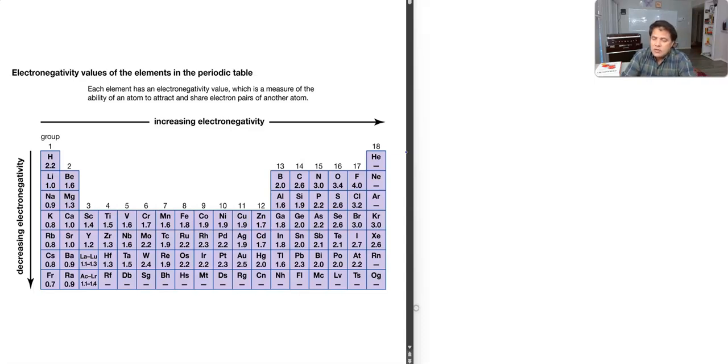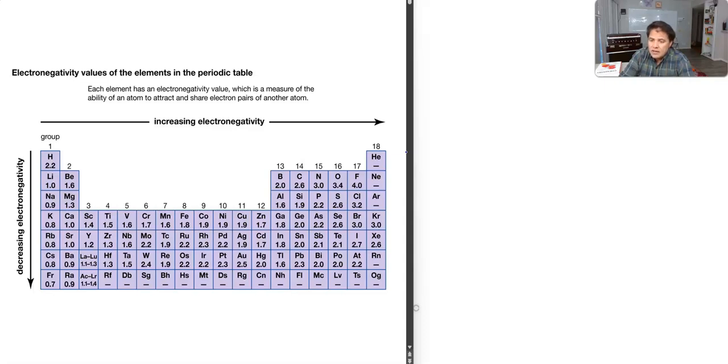Let's see the electronegativity of all these periodic elements. Hydrogen has 2.2, and helium has no known value. They are inert gases, so they don't accept the electron. But krypton and xenon can, so they have an electronegativity value. Similarly, boron has 2, carbon has 2.6, nitrogen has 3, oxygen has 3.4.